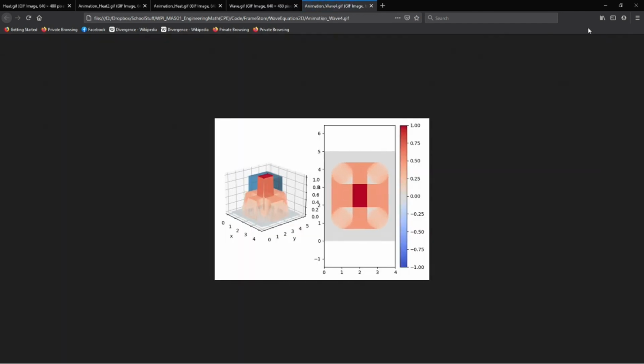So this is a plot, an animation showing the solution for this initial condition, and you see very clearly that you get these propagating waves that are bouncing off the boundaries, because the boundary conditions are that the displacement on the boundary is 0.